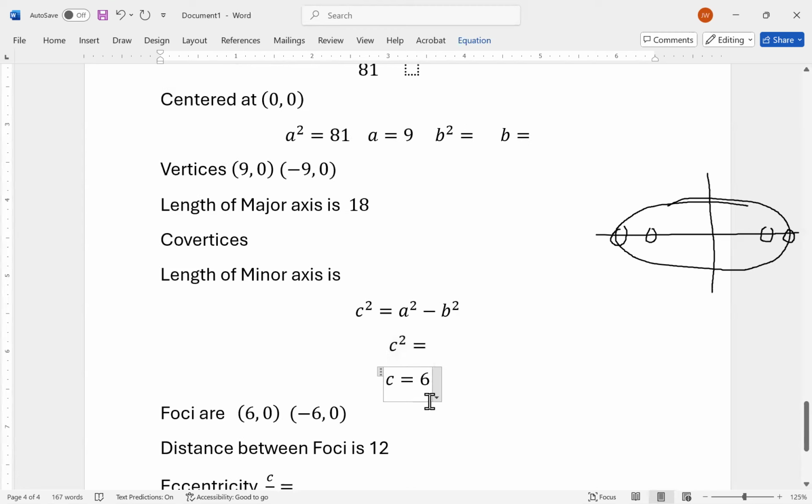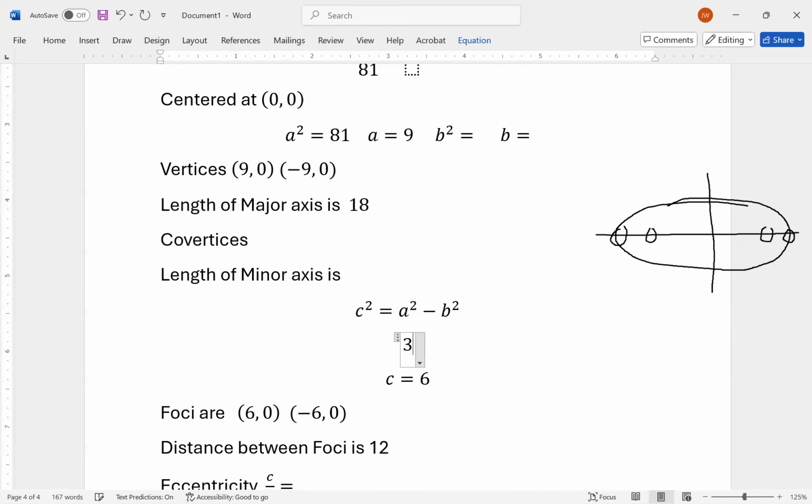If I know the c value and the a value, then I can use this equation, which I used to find c, to find the value for b. In this case, because we're dealing with an ellipse, the way to find c is c squared is equal to a squared minus b squared.